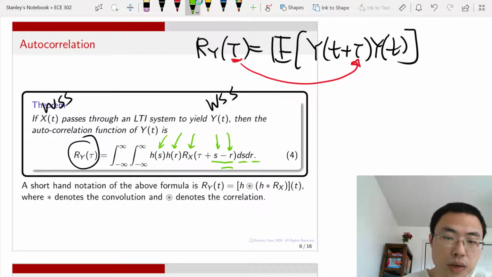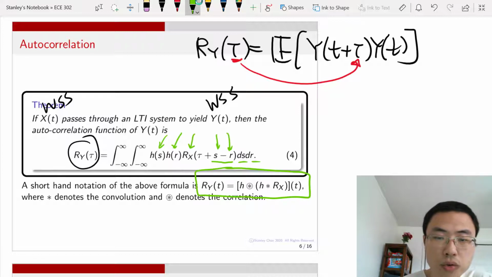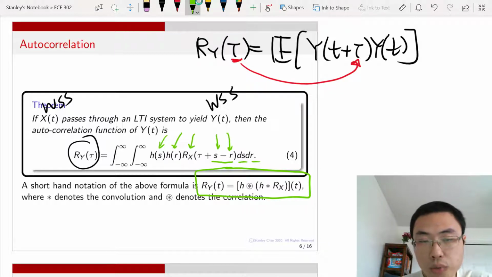This equation can be best understood by looking at here. There is a pair of operations.